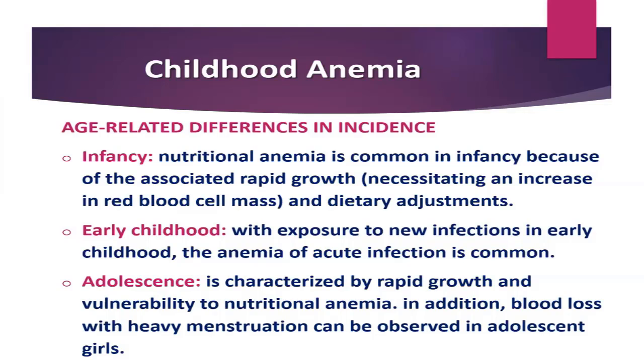While adolescence is a period characterized by rapid growth and vulnerability to nutritional anemia. They are more likely to develop anemia, as well as blood loss with heavy menstruation, which can be observed in adolescent females.